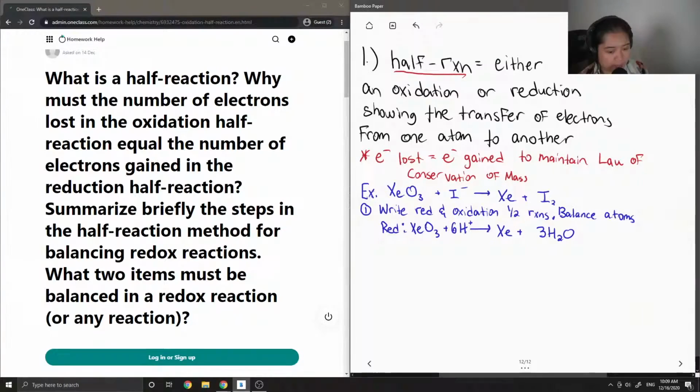So now all the atoms should be balanced, and I can write down my oxidation reaction, which is the negatively charged iodide to I2. And all we need to balance here is to put a coefficient of 2 to make everything balanced.